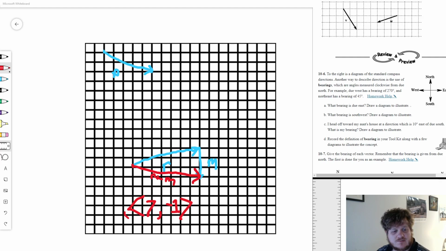So I'd suggest you go through that just to be familiar with bearings. We're not going to go too deep into it, but it is just kind of nice to know in case you ever have an emergency where you need to be somewhere or you get lost and have phone communication but no GPS. Really rare, but maybe it'll save your life one day. Probably not, but we'll see.